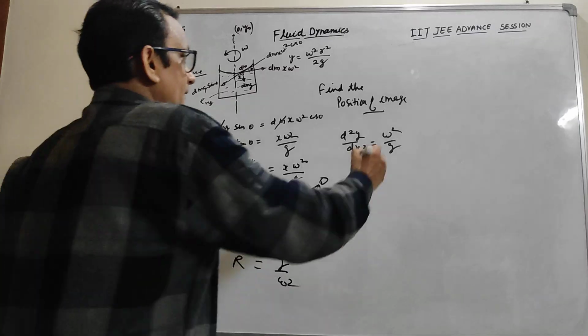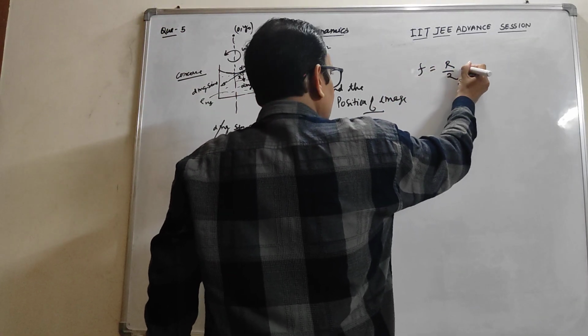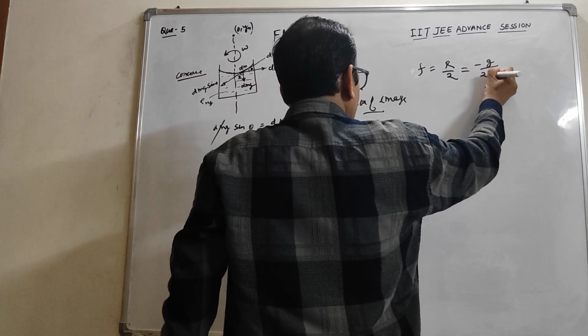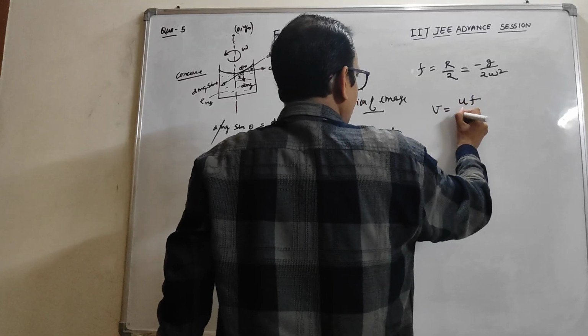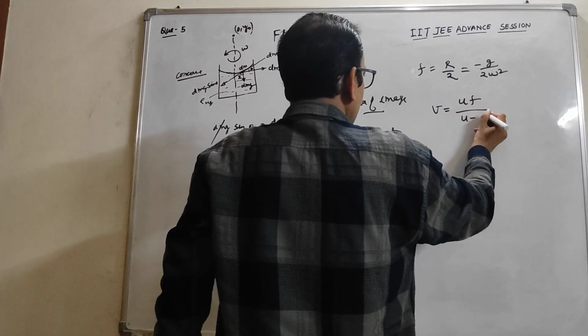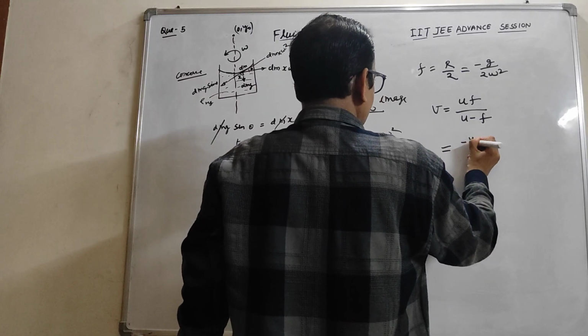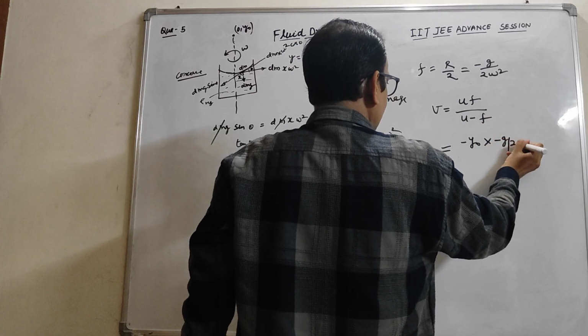So focus would be R by 2, this would be minus g by 2 omega square. We have to find v. v is equal to uf upon u minus f for a concave mirror. Put the values here: u is minus y naught, f is minus g by 2 omega square.